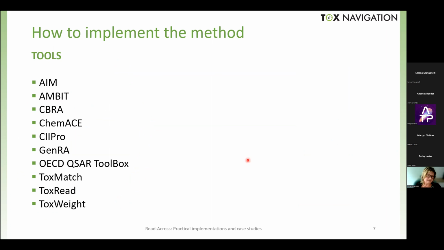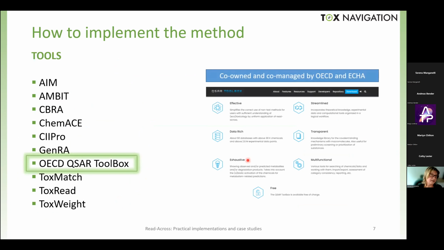So there are several tools. This is a list of the freely available ones that can address one or several steps of this workflow. But the one that is, say, the most advanced in development is the well-known OECD QSAR Toolbox, that is also well known to be quite difficult to use.